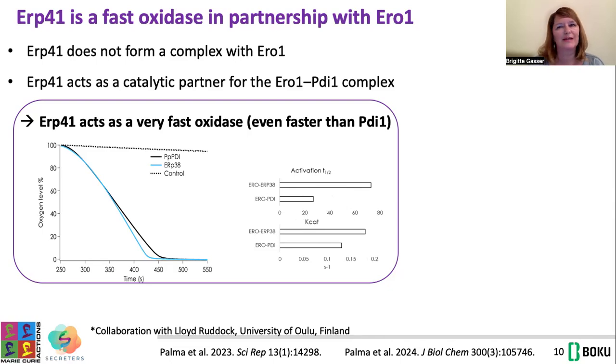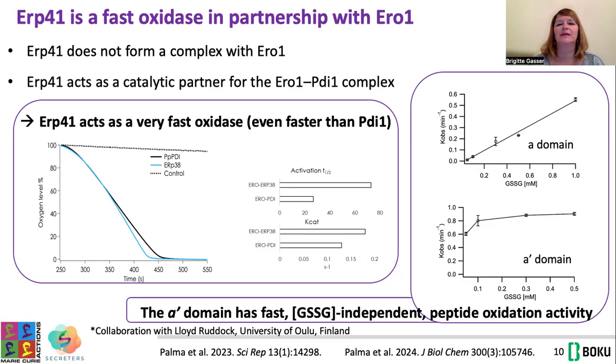Additionally, by dissecting the domains, Ariana could also show that the A prime domain, that is glutaredoxin-like, has a glutathione concentration-dependent peptide oxidation activity, in contrast to the A domain, which has the common glutathione concentration-independent one.